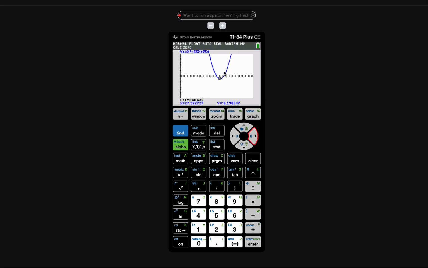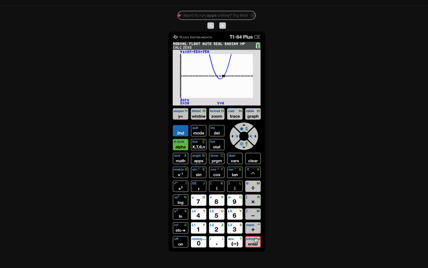So it's left of the zero that we're finding, but it doesn't cross over any of the other zeros. So we click enter, and then we go to the right of the zero that we're finding, which is this. We click enter again, and then for guess we can just move the cursor near the zero. We hit enter, and then this gives us the zero, which is x equals 30.